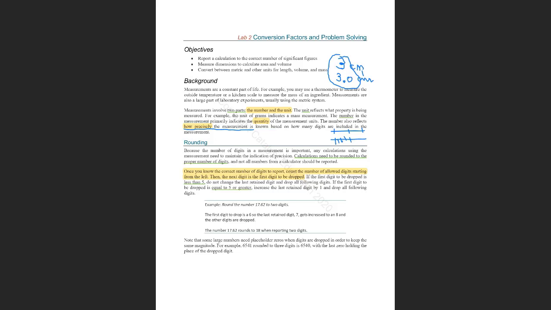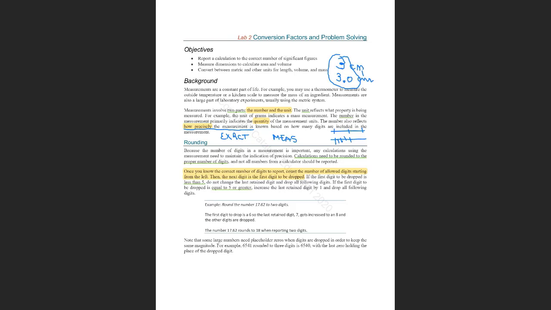is that every measurement will have some error. That is something that you probably know by now. We have two kinds of numbers: exact numbers and measured numbers. The measured numbers are always going to have an error.